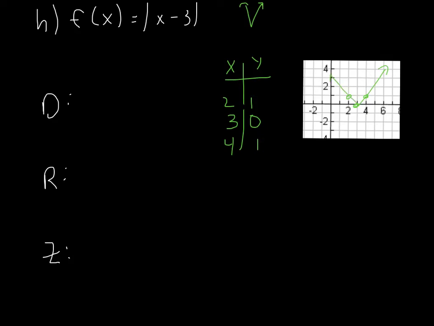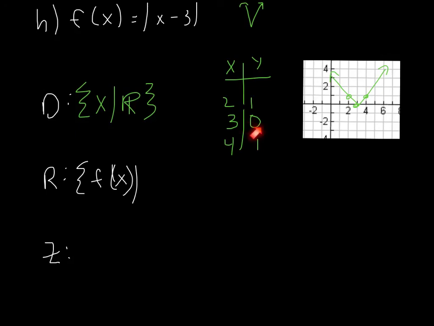Do you see it? Now the domain is what? What can you plug in? Well, you can plug in anything you want for x. The graph goes forever to the left and forever to the right. It's never discontinuous. It always keeps going. The range, though, has a restriction. The range starts at 0 and gets bigger. See that?